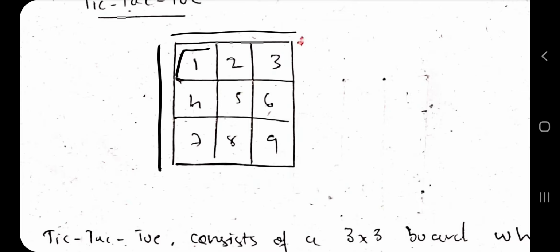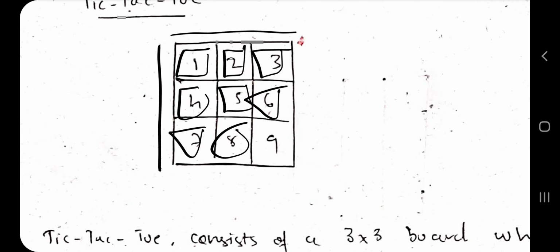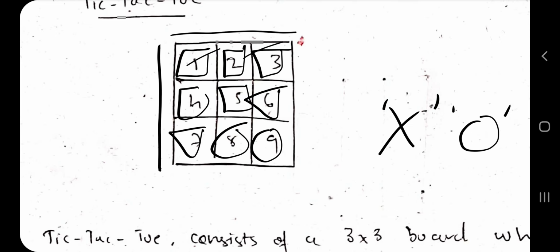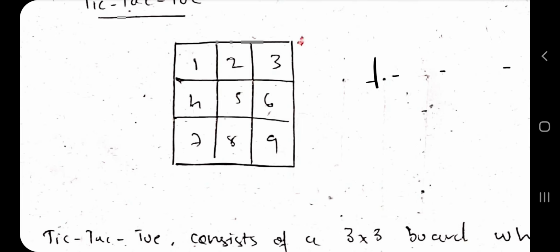In these cells, the user can enter X or O alternately. How many total entries are there? Total entries possible are 9. So the for loop will run 9 times, for i equal to 0 till 9. Each entry a user will make, first for x1, then for o1. That's how you take the input.